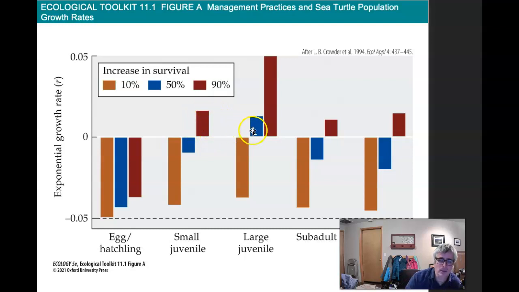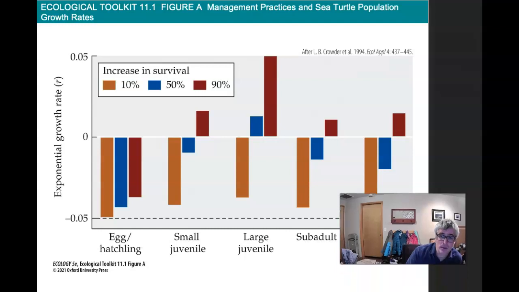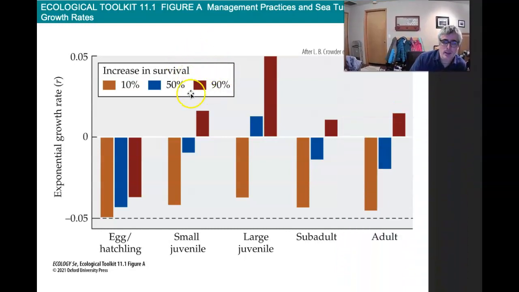For juveniles and large juveniles, and actually across subadults and adults, if we can increase their survival by 90%, we will have a positive r. So for these life stages, if we can increase their survivorship, we can get the exponential growth rate above 0, and then the population will persist.